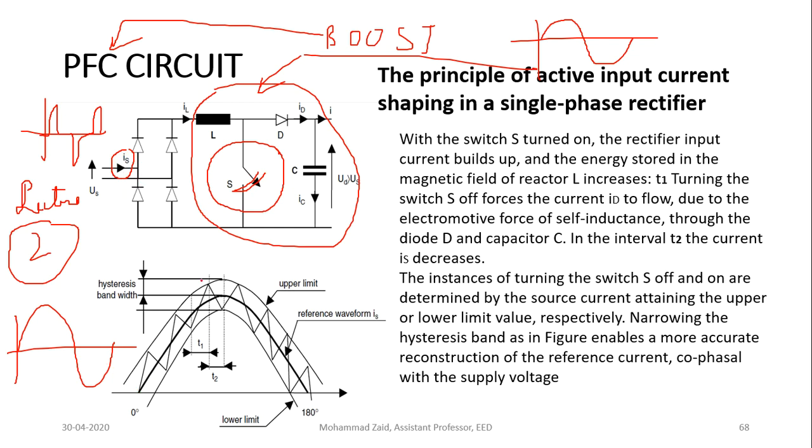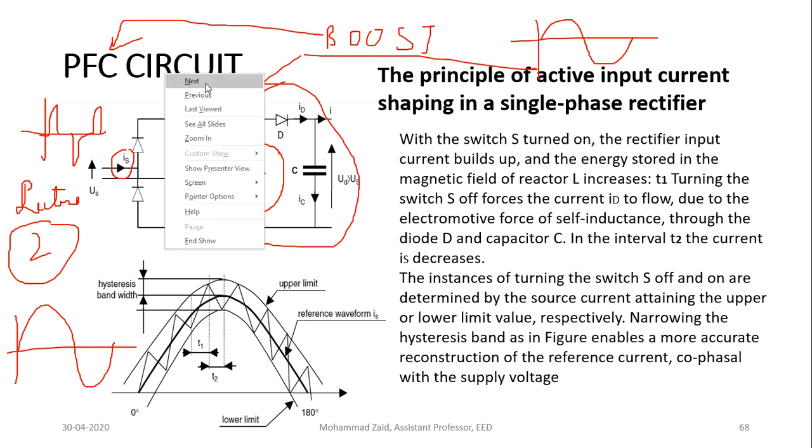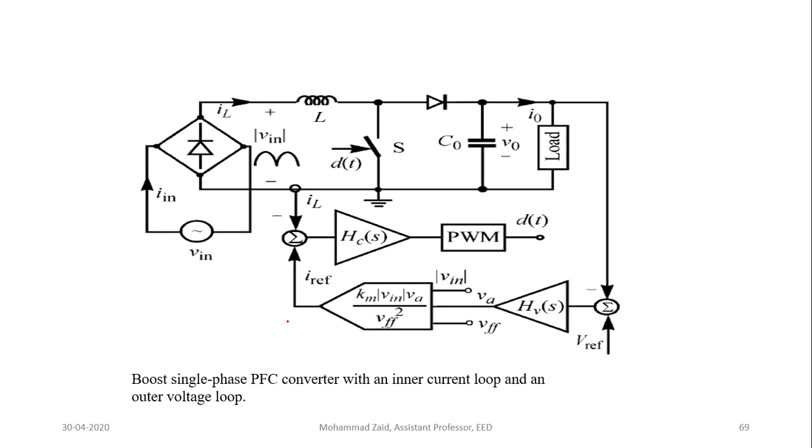So we have to put a hysteresis band type of converter in which we sense this current, as shown in the next slide. For example, this is a voltage, this is a rectifier, and this is the rectified voltage. We want the current IN to be also like that, only the polarity is different.